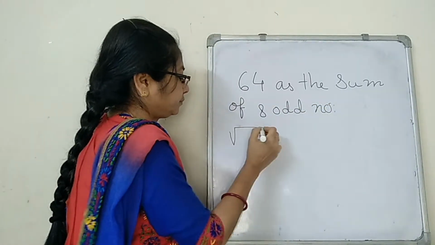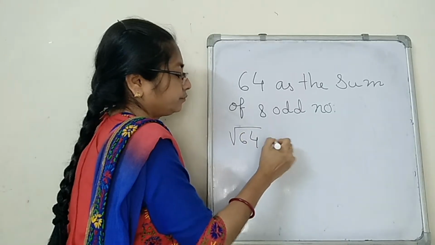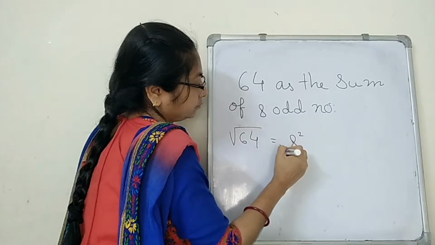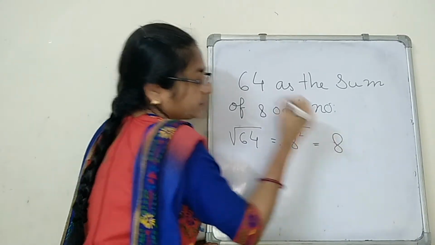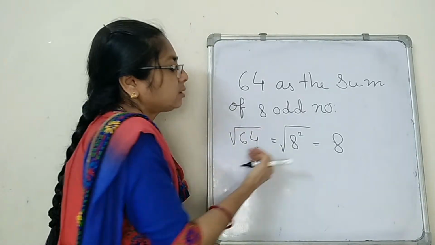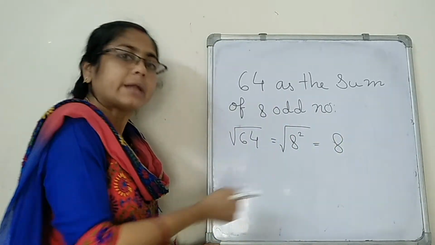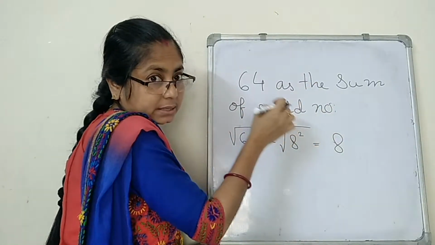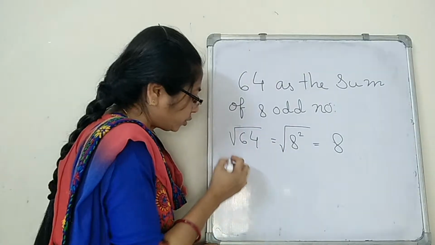Do it. 64. What is the answer? 64, if you take the square root, what is the number? It is 8. Now you do it by the sum of 8 odd numbers. N equal to 8. So you do it.